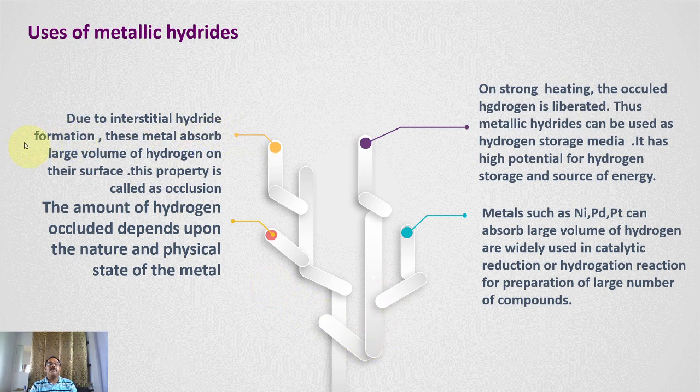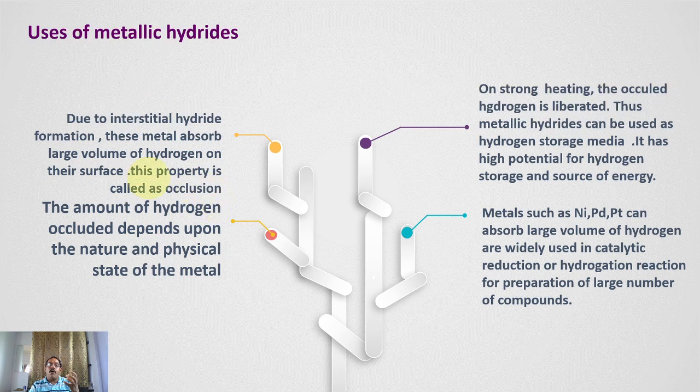So you can see here on the left part, due to interstitial hydride formation, these metals absorb a large volume of hydrogen on the surface. This property is called occlusion. So more hydrogen can get inside the metallic surfaces, and that we call occlusion.